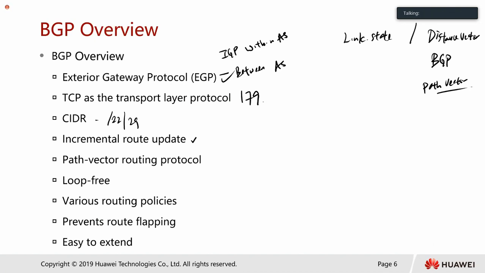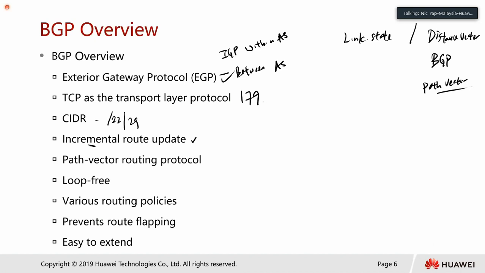Okay, and when using distance vector, normally they use routing table updates. But using routing table updates means that you need to wait for the timers. 60 seconds for the timers would be pretty long for BGP. Okay, that's why the good thing over here is that it can provide incremental route updates.